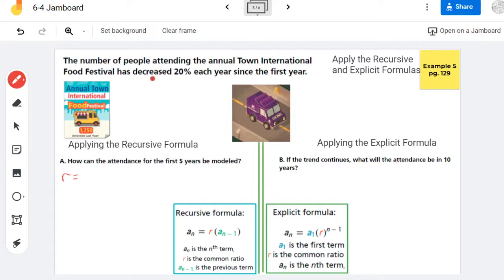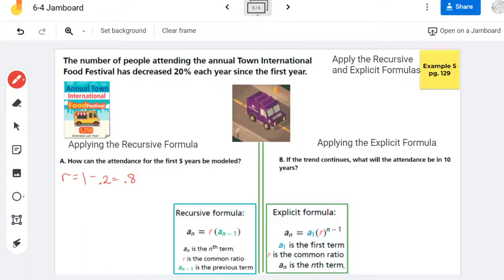So my common ratio is equal to 1 minus 20%, which is 0.8. Okay, if I used 0.2 as my r, what that's saying is that only 20% attend each year, but it's decreasing by 20%. So that's why I have to subtract 1 minus 0.2 there.